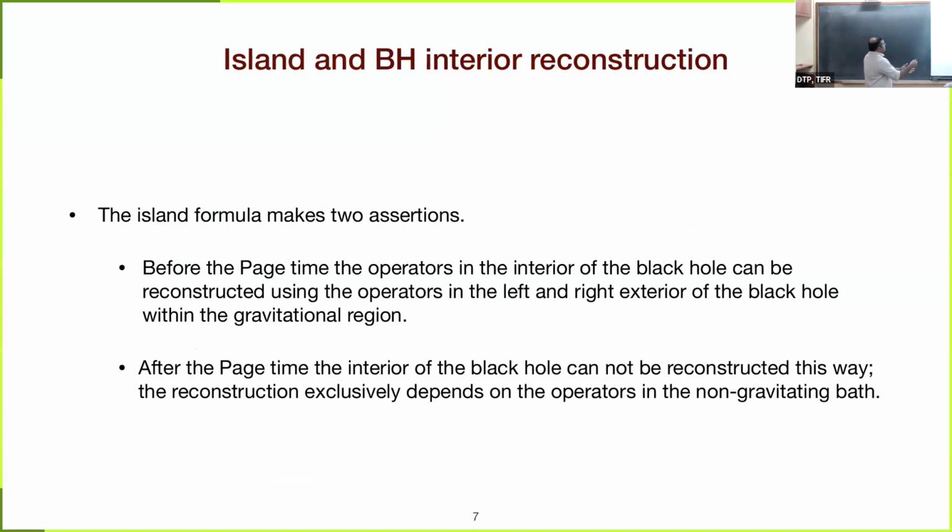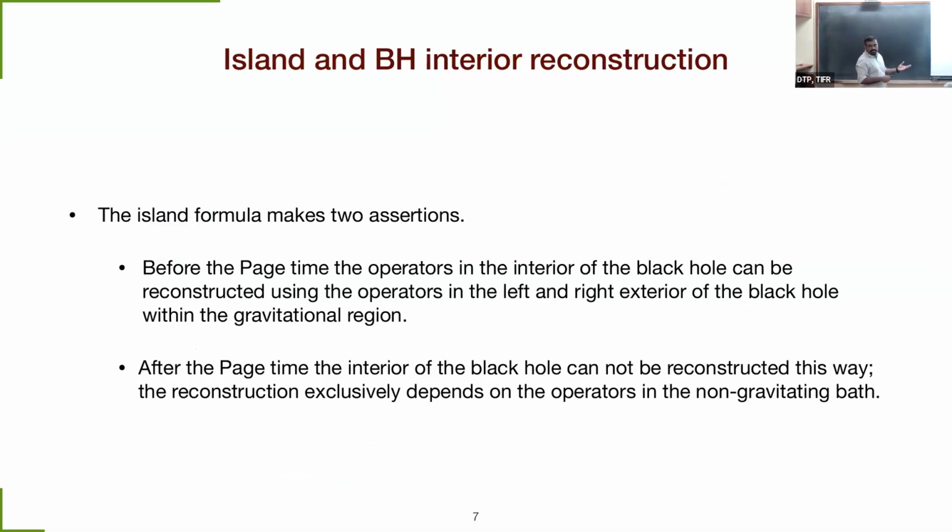So given this island formula, what should we learn out of it? What is the assertion made by this island formula? It says that before the Page time, precisely what Sandeep was saying, the operators in the interior of the black hole can be reconstructed using the operators in the left and right exterior of the black hole within the gravitational region.